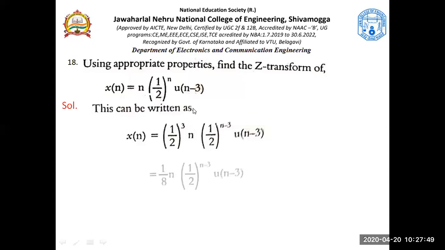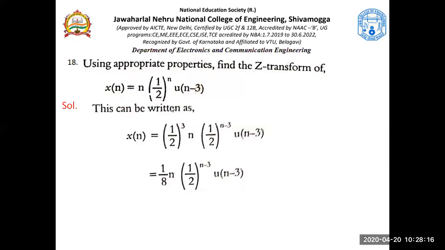Fine. So this given signal is now 1/8 into (1/2)^(n-3) u of n minus 3. So this is the form we need to get into. If you go a step back, it looks like this, so we can still bring this form to the given form.